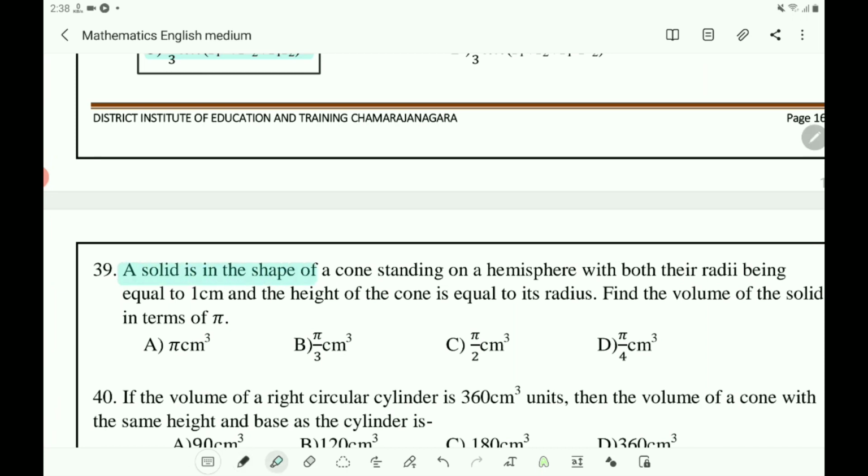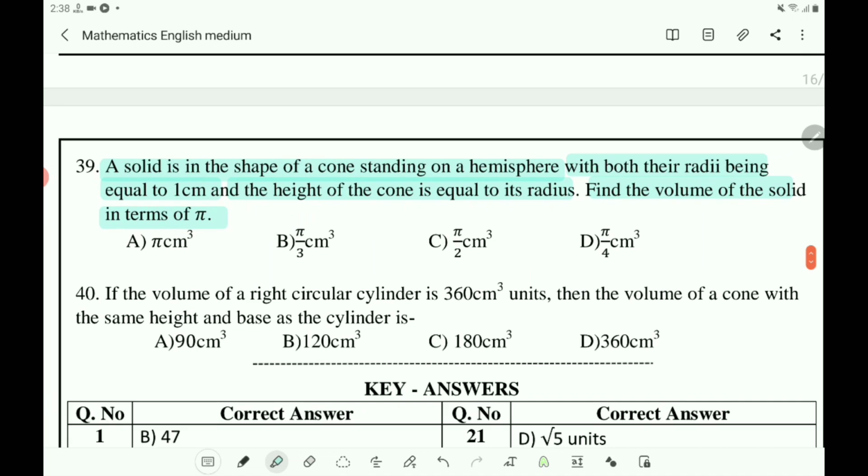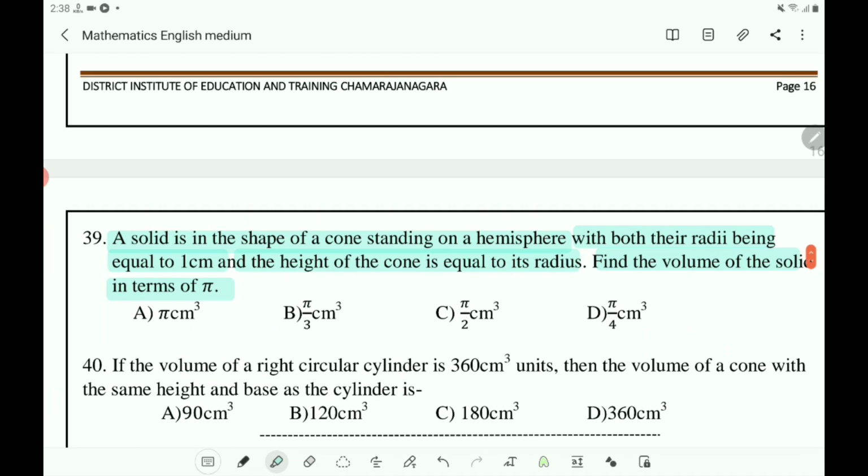A solid is in the shape of a cone standing on a hemisphere with both their radii being equal to 1 centimeter and the height of the cone is equal to its radius. Find the volume of the solid in terms of pi. In terms of pi. Here what is there? Solid is in the shape of a cone standing on a hemisphere.